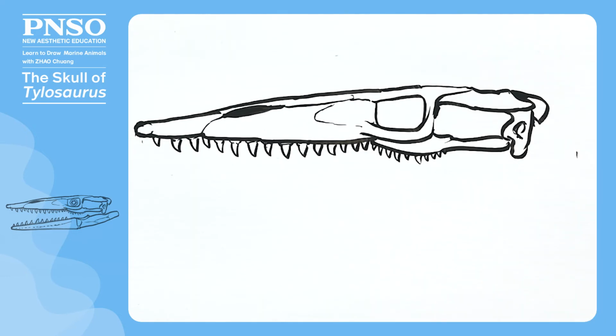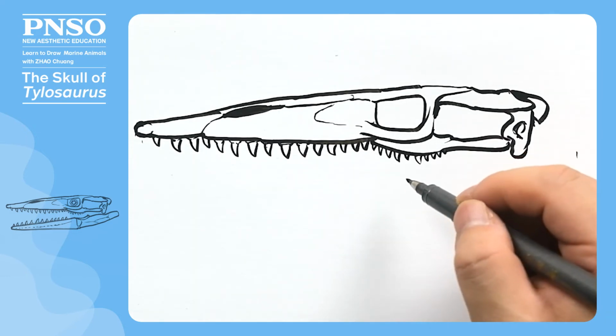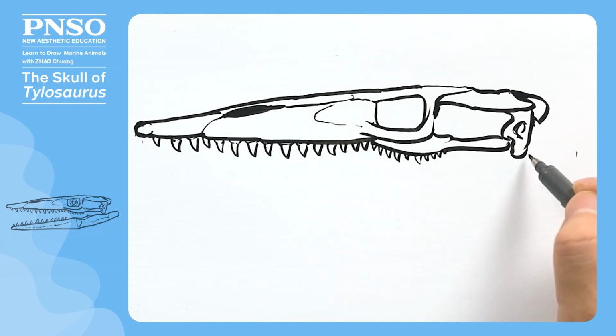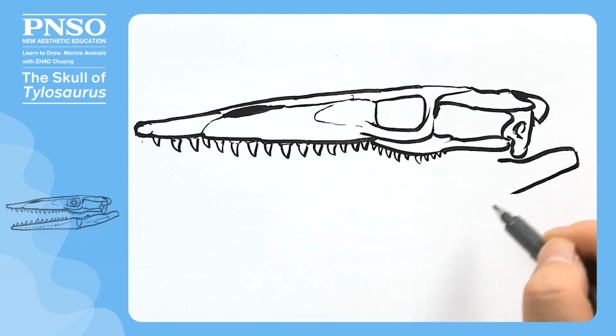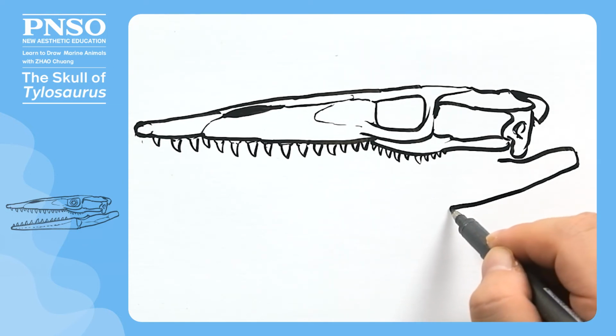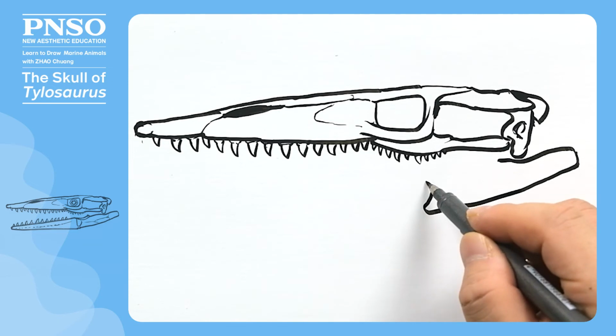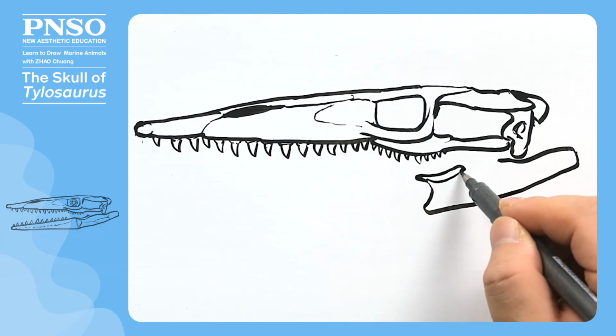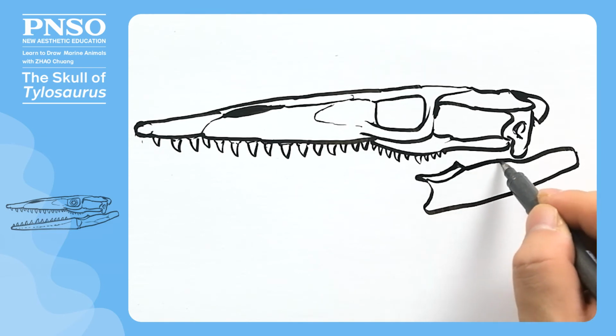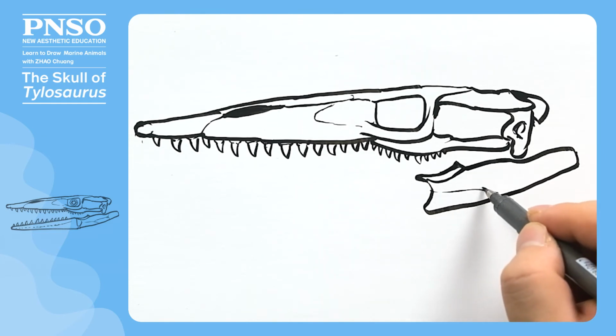Next is its mandible. As I've mentioned earlier, its mandible was longer, so let's draw the back half of it first. It was mainly composed of 3 large bones, which were joined together by many smaller bones.